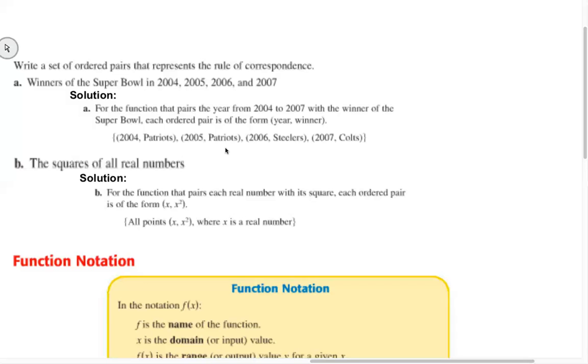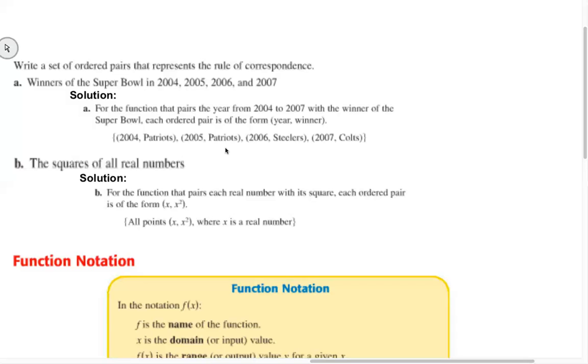The other way, the year is what makes it the function. So think about it this way. In order for it to be a function, when I put in 2007, I can only get out one Super Bowl winner. And that is true, right? Every year there's only one Super Bowl winner. There's not like co-champions. It's only one.